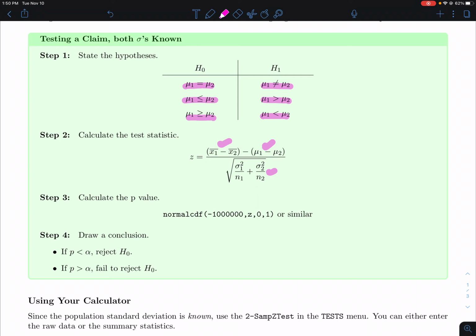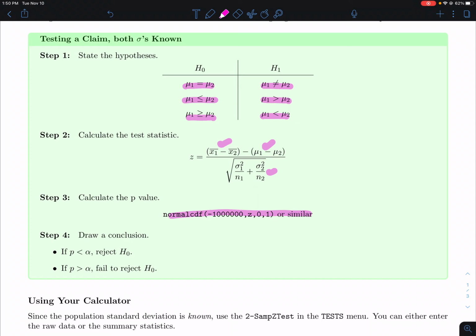And then finally, calculating the p-value is going to be pretty much the same. Now in this case, notice we're only using the z-score form, and that would be true because we can't really use the way I did with the mean and the standard deviation because we've got two different means and standard deviations.